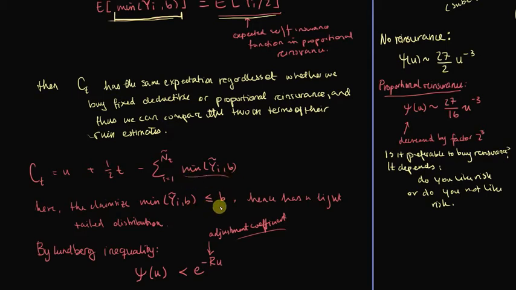So we just need a qualitative expression here, and what's important to note is that in the case of fixed deductible reinsurance, the ruin probability is bounded by something which has exponential decay.